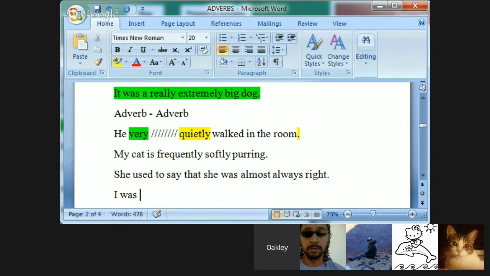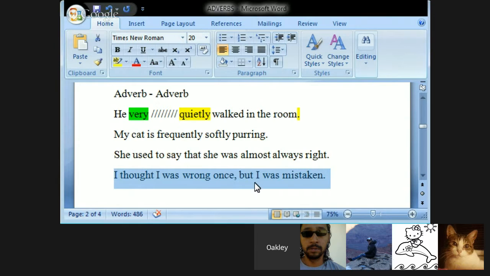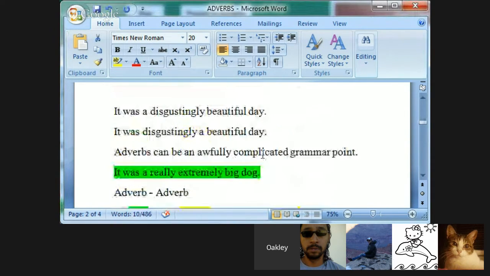I thought I was wrong once, but I was mistaken. Classic inversion of logic here. A sentence that makes perfect sense that doesn't make any sense at all. A paradox. That's called a paradox. I think both are related.